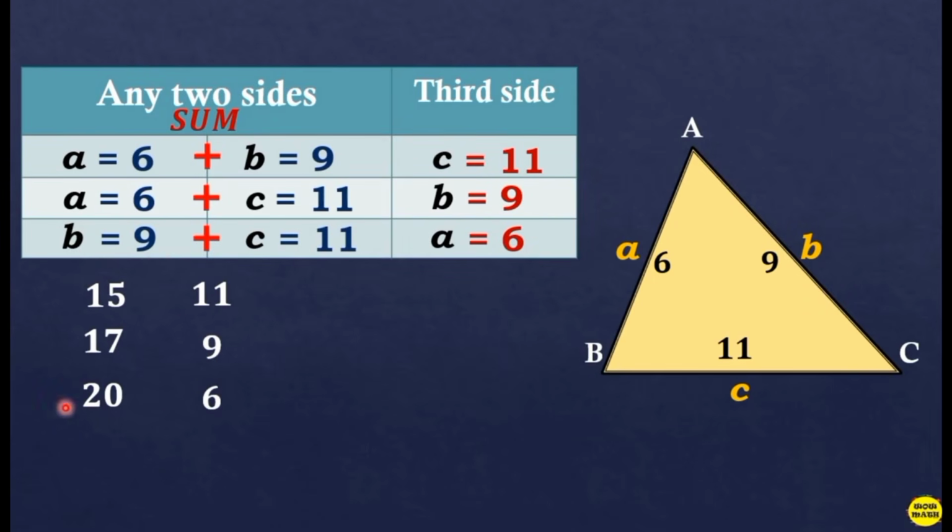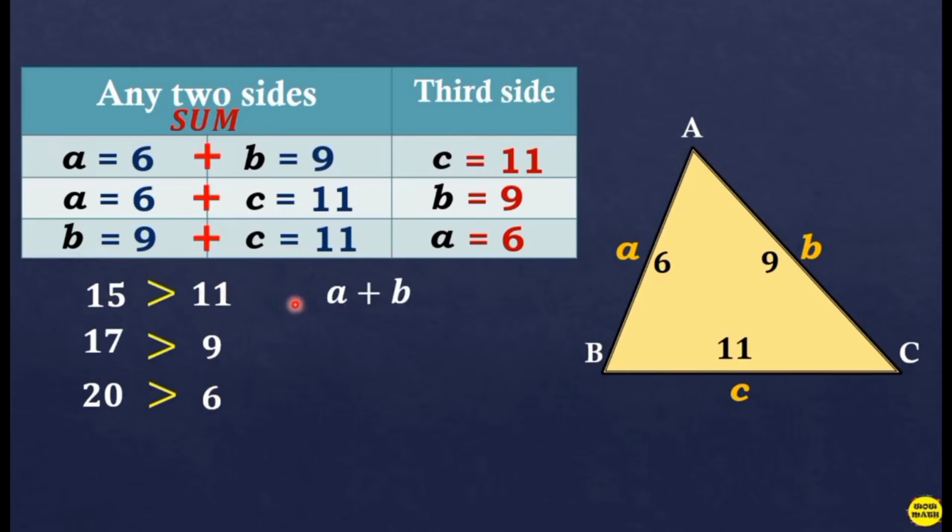Now, what have you noticed? All the given sums of any two sides of the triangle are always greater than the third side. Okay, so kung mapapansin ninyo, lahat ng sum ng ating two sides ng triangle ay palagi po, it's always greater than the measure of its third side.